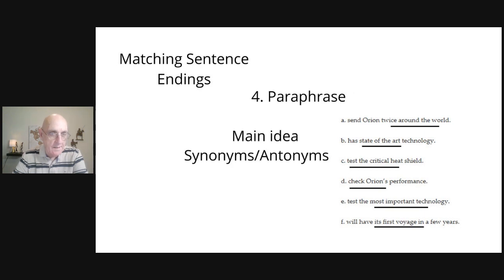So now we're also going to be aware of synonyms and antonyms. We are not going to see these exact phrases and words in the text. We're going to be looking for synonyms or even the opposite, antonyms. And then we're going to skim the passage. Again, a reminder that we skim the whole passage, not just one portion at a time, because we only want to do it once.